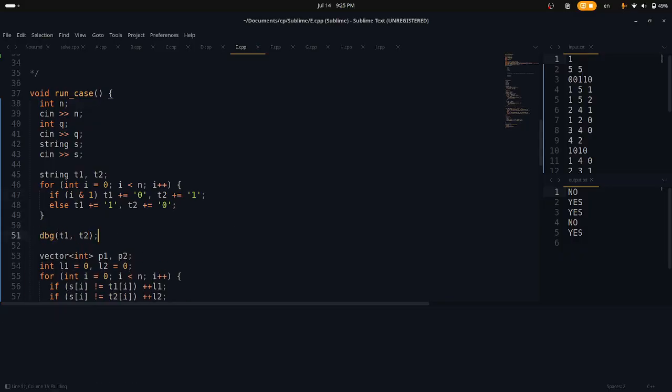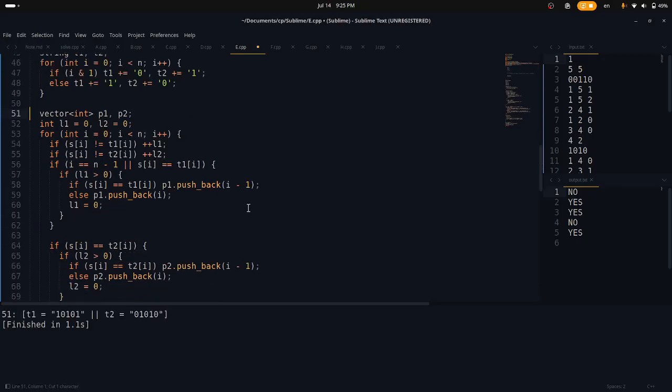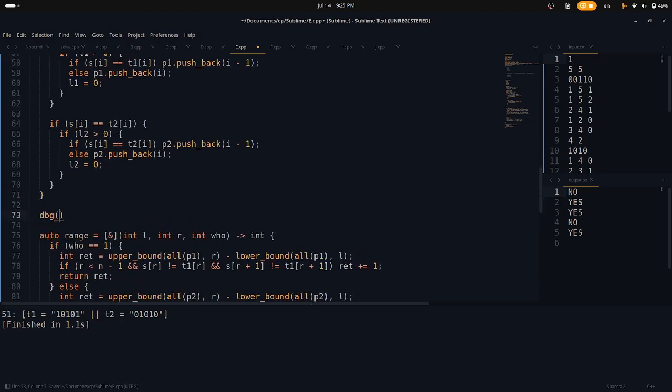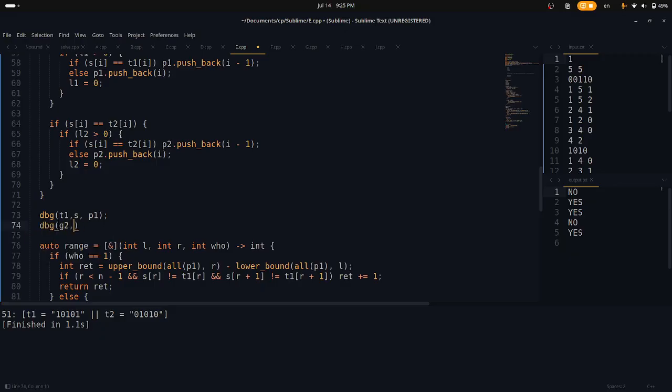Debug T on T2. Fine. Then P on P2. T1 is P1, T2 is P2. Okay, so it ends here at 0. That's true.